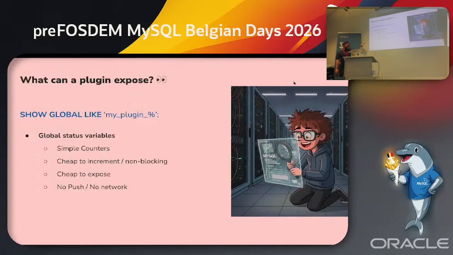And this way we can expose counters in a super cheap way without any extra C++ code, more than just defining, okay, this is a counter and you need to expose it with this name. We don't need to push datagrams or packets through the network. We don't need to reinvent the wheel.